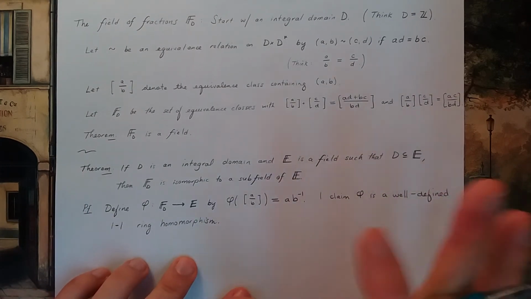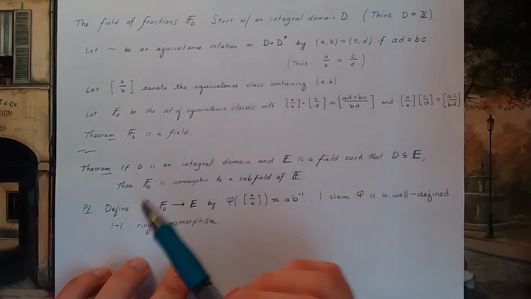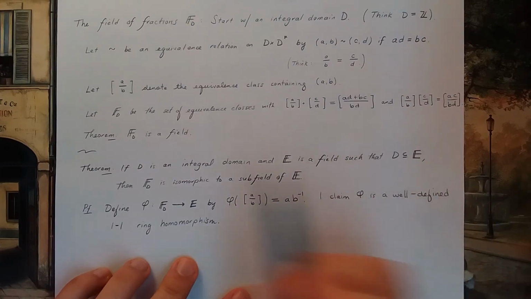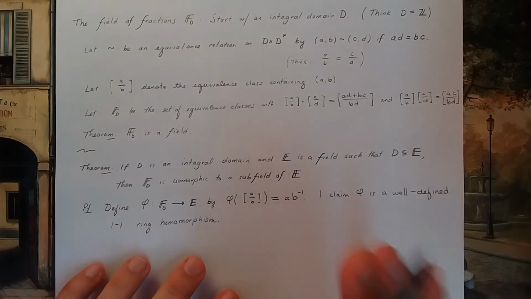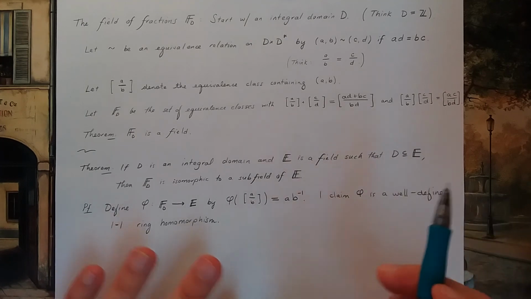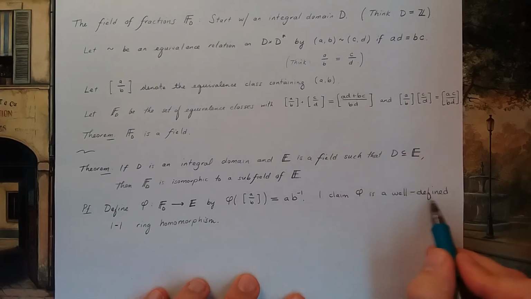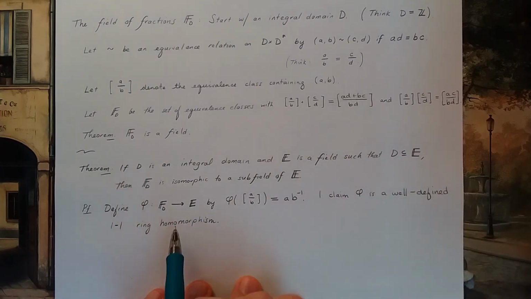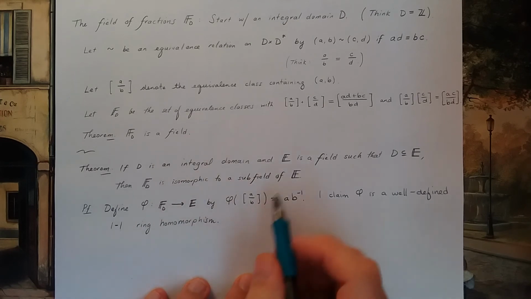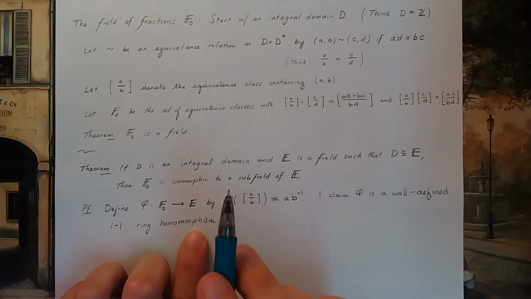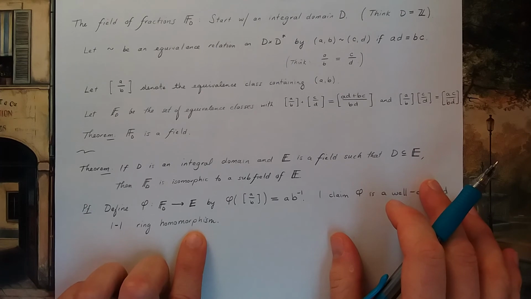So unlike the 11 things I have to show in the past theorem, I only have 4 things to show for this theorem. I need to show it's well-defined, I need to show it's one-to-one, and I need to show it's a homomorphism, both with addition and with multiplication.